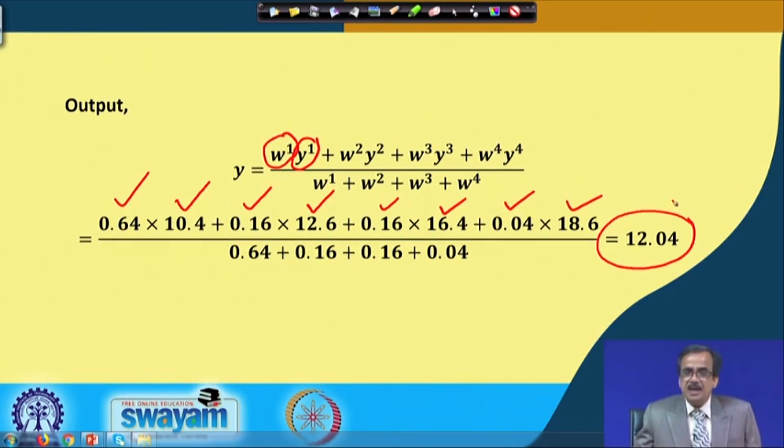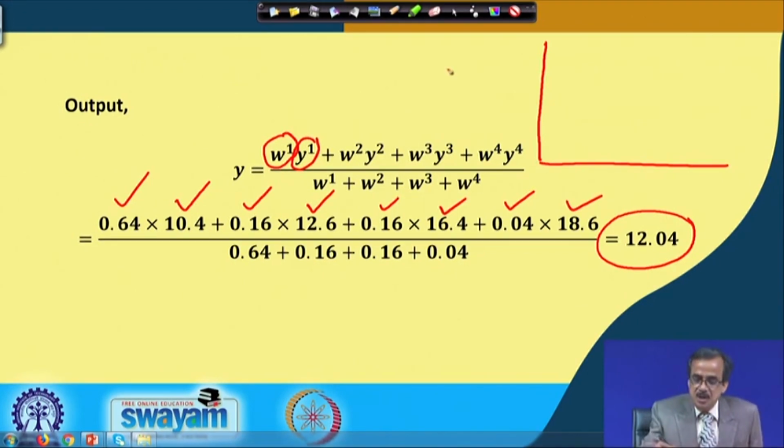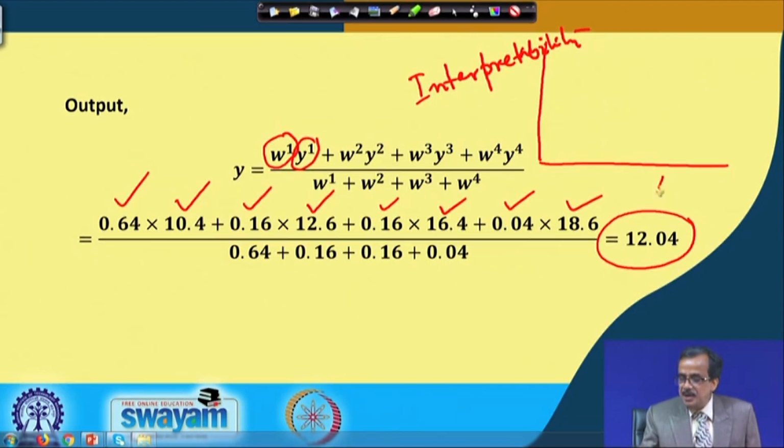Now, we have already discussed, if we plot interpretability versus accuracy, supposing here I am writing interpretability, and here I am writing accuracy. Till now we have discussed two very popular approaches of fuzzy reasoning tool: one is the Mamdani approach and another is Takagi and Sugeno's approach.